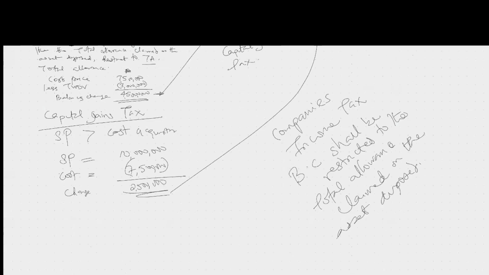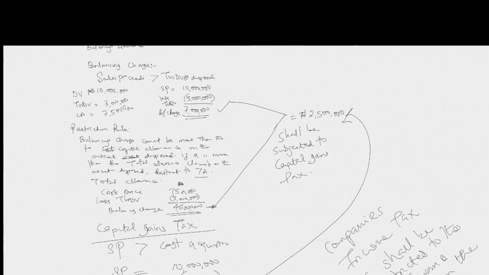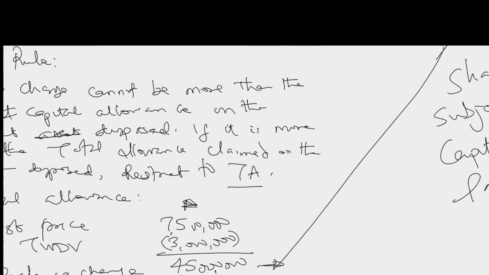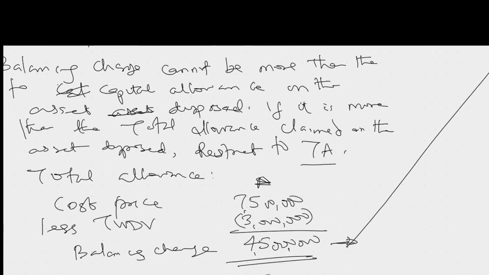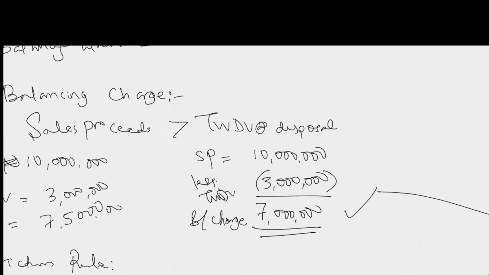The question you ask is that when I said balancing charge cannot be more than the total allowance claimed on the assets, how do you get total allowance claimed? Your total allowance claimed on the asset will be cost less taxable value at disposal. You have 7.5. But don't forget that balancing charge is your sales proceeds minus your taxable value, so you got this 7 million.